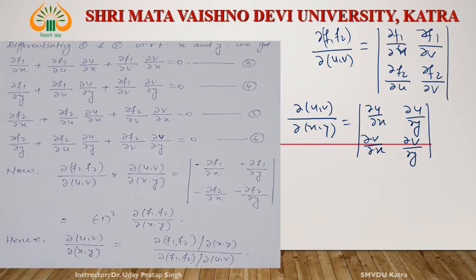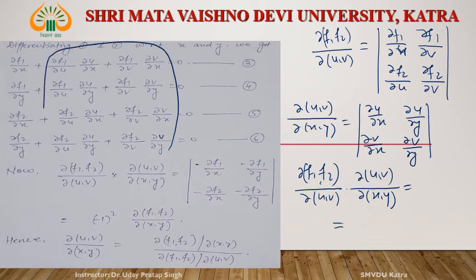Multiplying these two terms, ∂(f1,f2)/∂(u,v) into ∂(u,v)/∂(x,y), we got these terms. See this one. Entries of this determinant are this one.